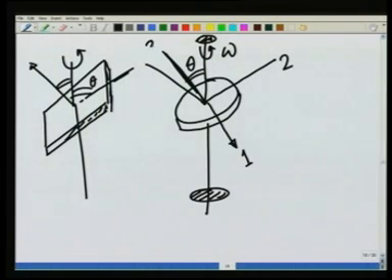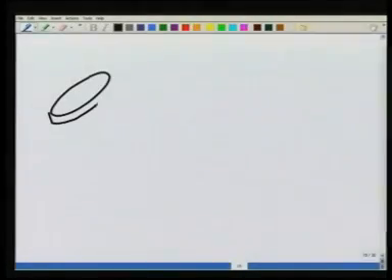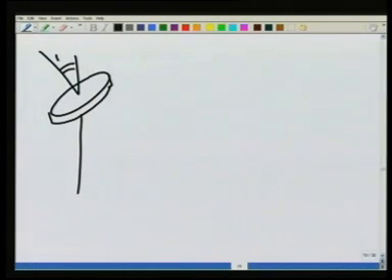This is direction 3, and I want to calculate what its angular momentum is and what is the torque required to keep it moving. So let us make this picture again. This is a disc rotating with this perpendicular at an angle theta with omega.